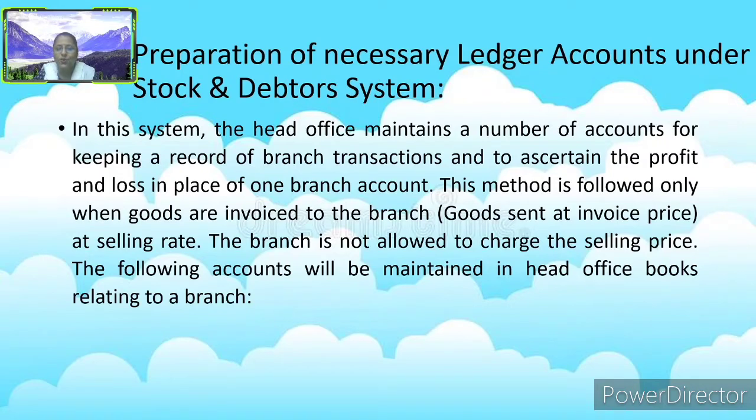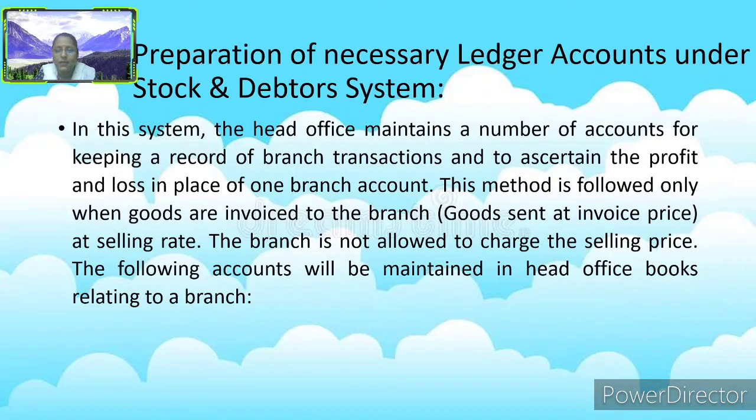The branch is not allowed to charge the selling price. The following accounts will be maintained in head office books relating to a branch. Dear students, this system will be followed when the goods are sent at invoice price to the branch, and it is essential to maintain different types of accounts.